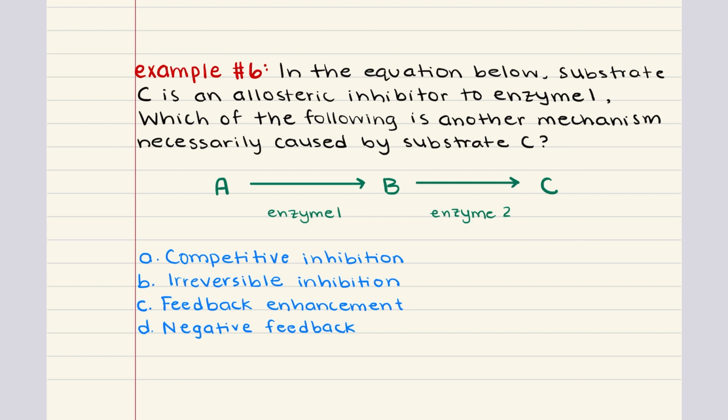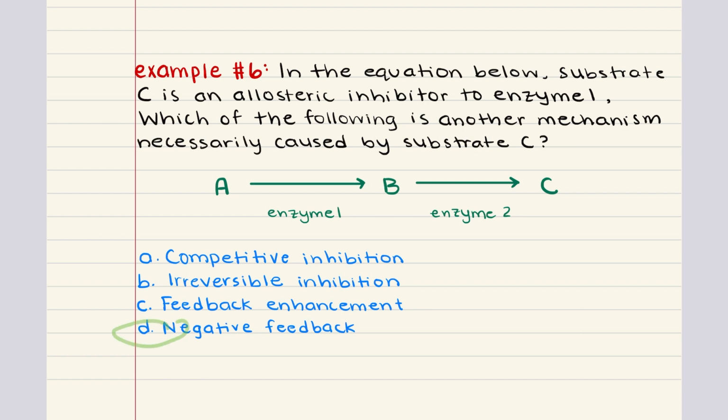That means as more C is produced, it goes back and inhibits its own production by binding to enzyme 1 at a site other than the active site. So this is a textbook example of negative feedback, also known as feedback inhibition. So the correct answer here for 6 is D.